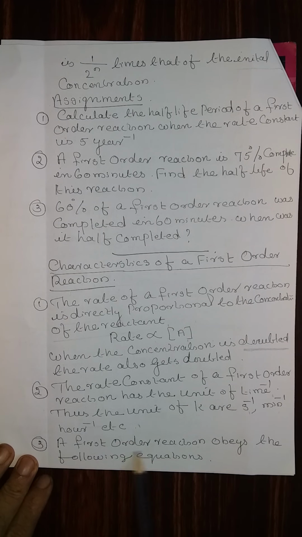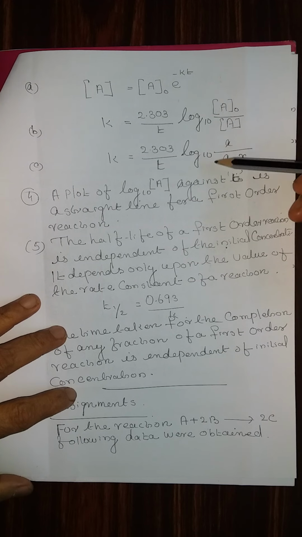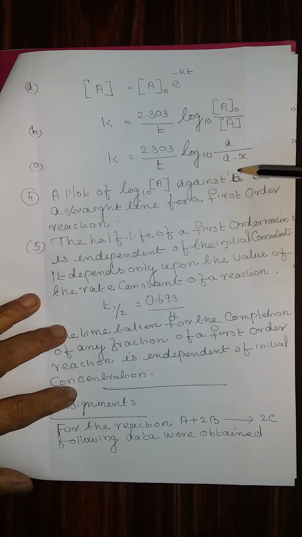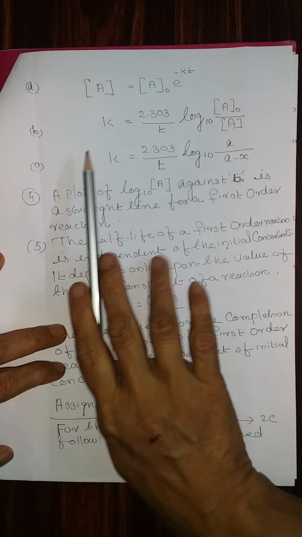3. A first order reaction obeys the following equation. For the first order reaction, we know about 3 equations; depending upon the problem, you can use these 3 equations. 1.